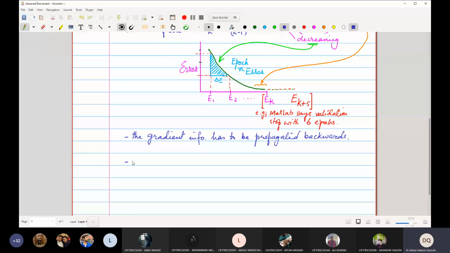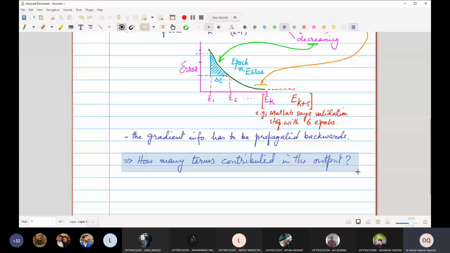The question is, how many terms contributed in the output. So if we have this question, we change its color so that you know this is a question: how many terms contributed in the output.